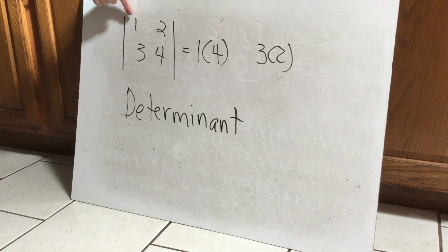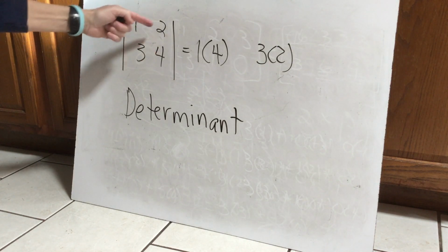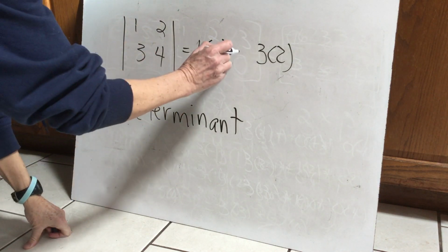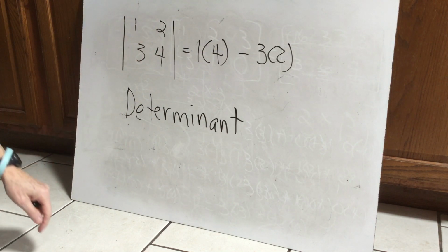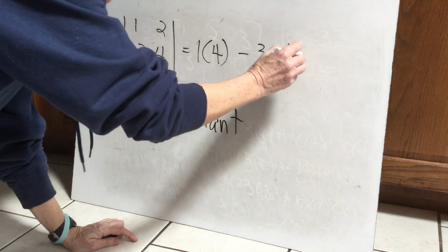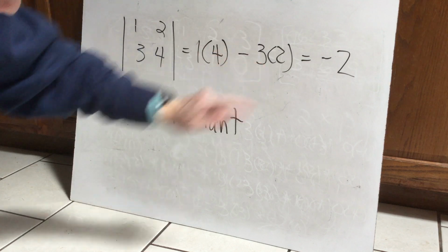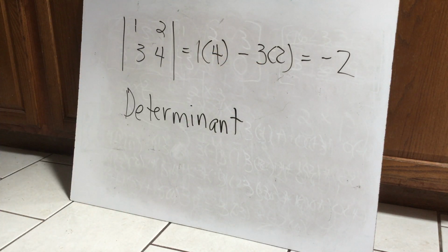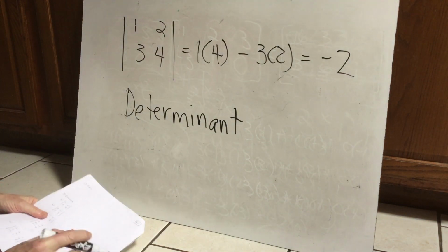And then I subtract those. So it's 1 times 4 minus 3 times 2. So the answer to this would simply be -2. 4 minus 6, -2. That is all there is to evaluating a 2 by 2 determinant.